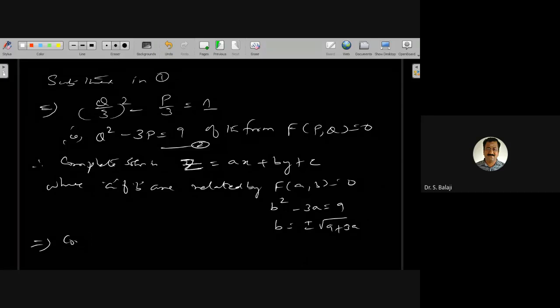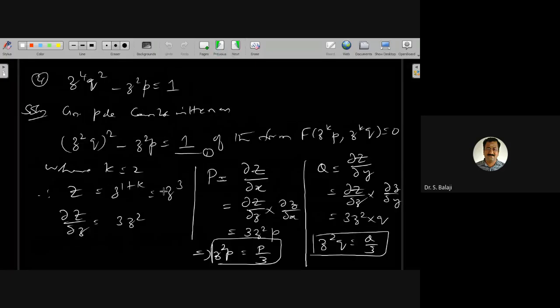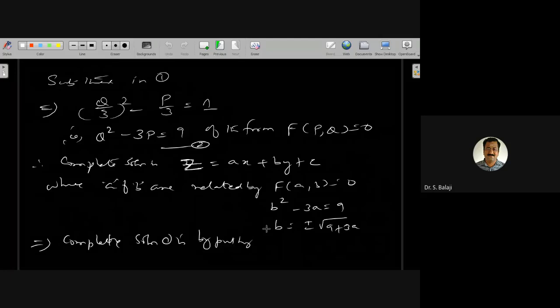This implies the complete solution of equation 1 is by putting capital Z equal to z³.